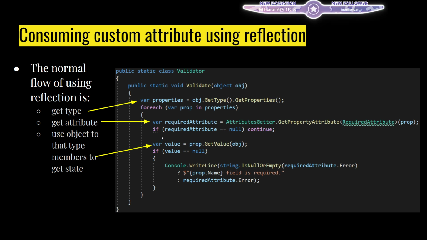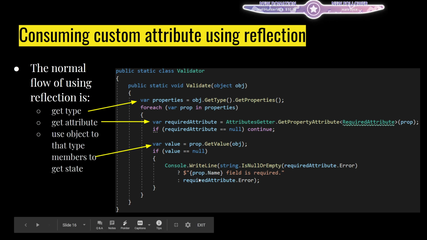What's our validation logic? Well, required means that it must exist. So we get the value of this property in this object. And then we say that if the value is null, we need to validate it. And if the value is null, we need to give some sort of an error message.